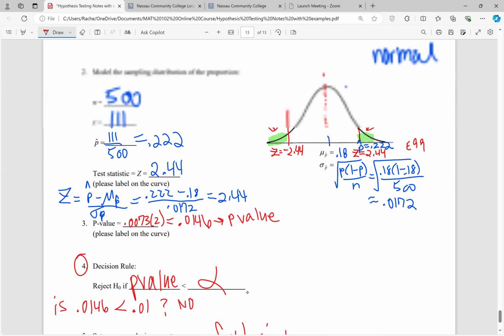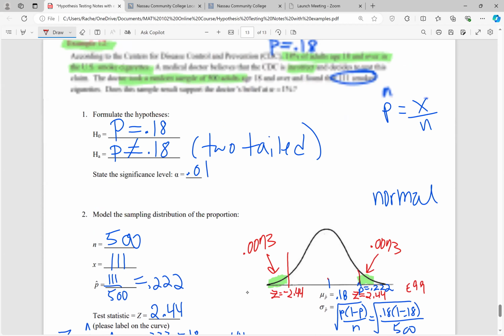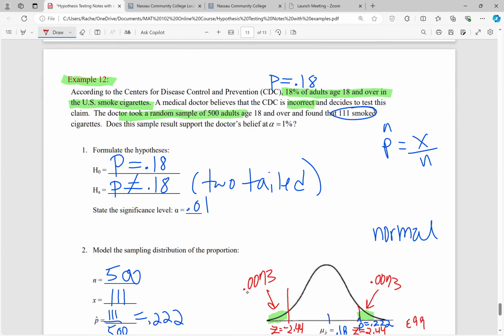So what's our conclusion then? Well, we don't have enough evidence to support the doctor's belief, which is that the proportion that smoke cigarettes is different or not equal to 18%.